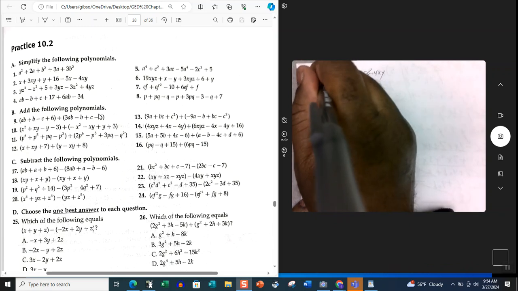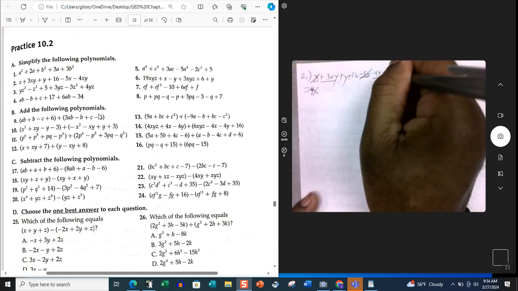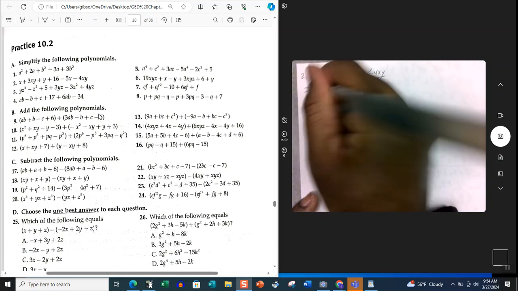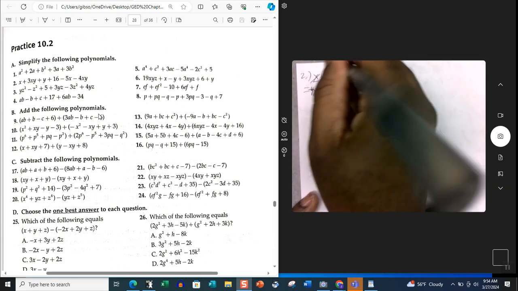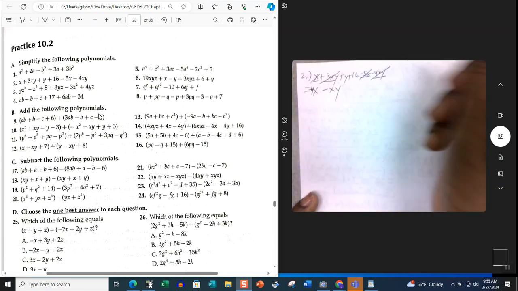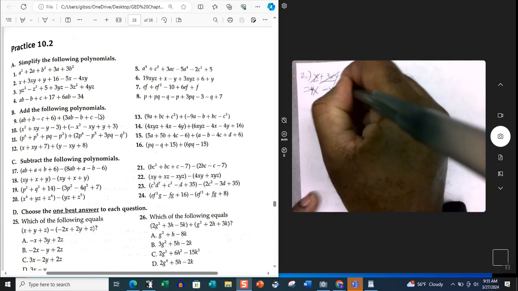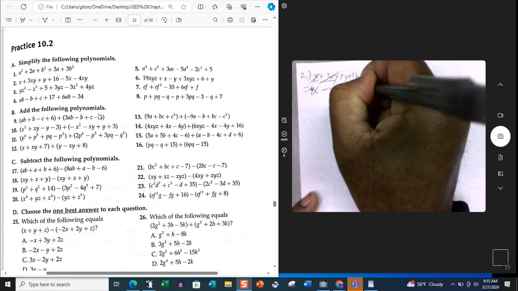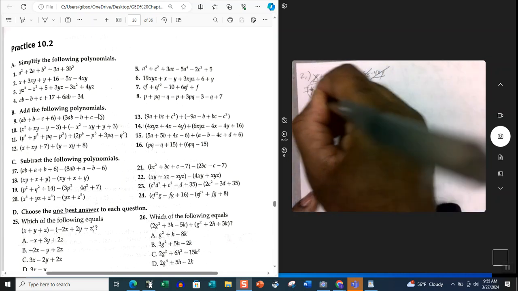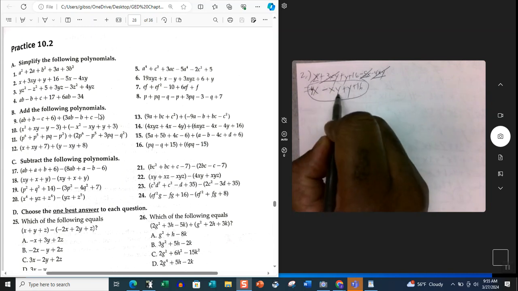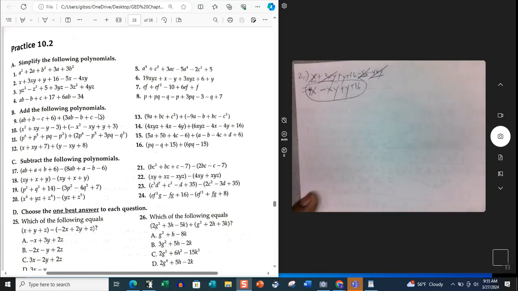Now we look at the xy. 3xy and negative 4xy, those are like terms, and that will give you a negative xy. And then y and 16 has no like terms, so you will put plus y plus 16. So your answer here again is negative 4x minus xy plus y plus 16.